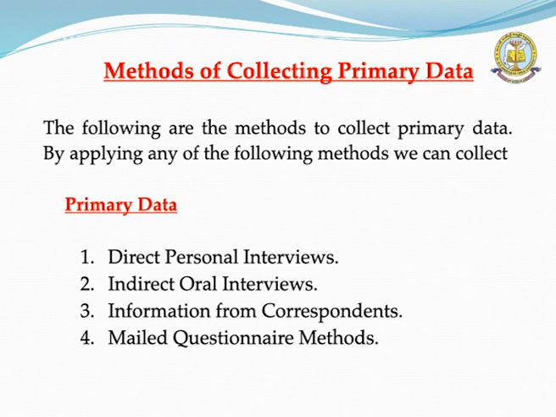Which is best among these 4 methods? That is the question. Direct personal interview will give us more reliable information compared to indirect oral interviews, compared to information from correspondence, and compared to mail questionnaire methods.